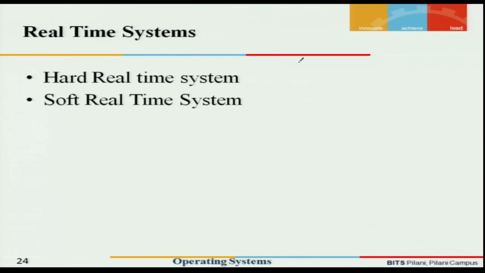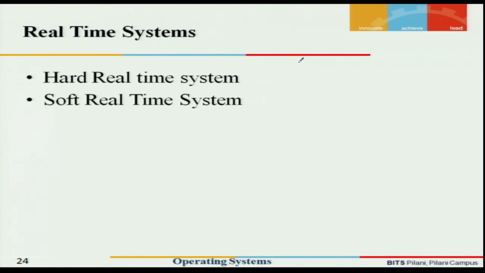So, these are the benefits of clusters. Let us look at another kind of system which is becoming very prevalent in the current context. These systems are termed real-time systems, and real-time systems are classified as hard real-time systems or soft real-time systems. As an example, I would like to give you an example of a soft real-time system.